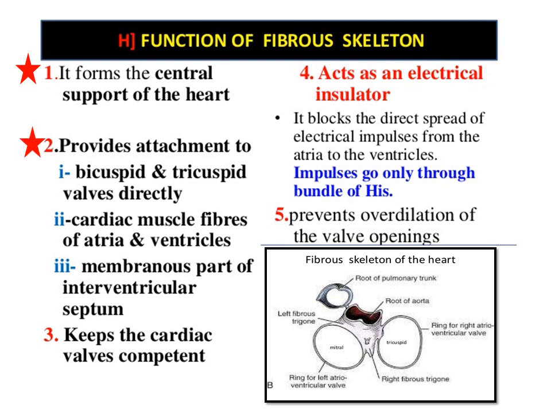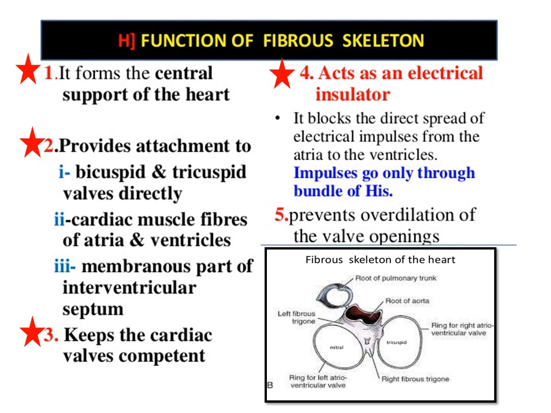It provides attachment to the bicuspid and tricuspid valves directly, cardiac muscle fibers of atria and ventricles, and membranous part of the interventricular septum. It keeps the cardiac valves competent. It acts as an electrical insulator, blocks the direct spread of electrical impulses from the atria to the ventricles.